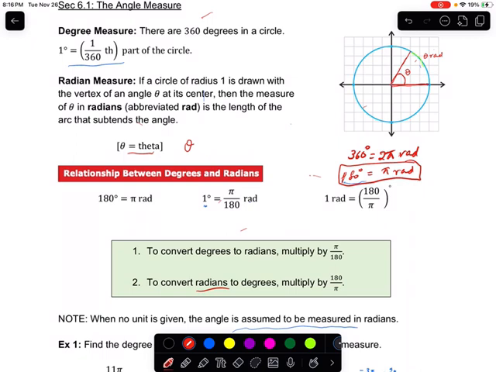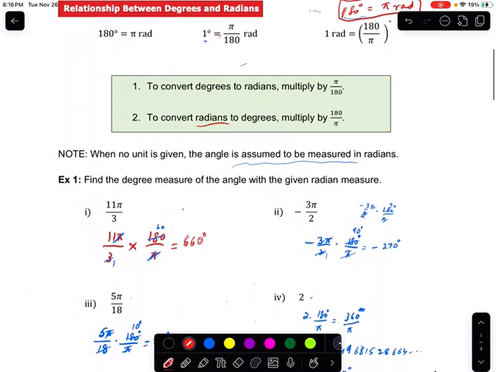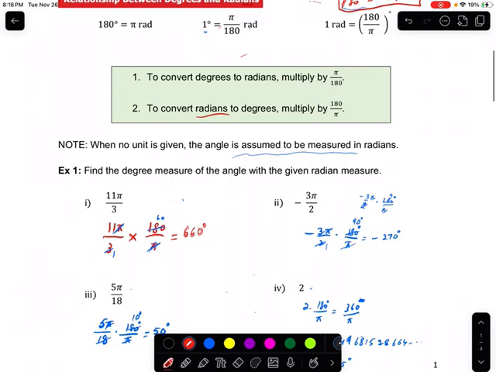To convert degrees to radians, we multiply by pi over 180 and then simplify. And to convert radians to degrees, we multiply by 180 over pi, and of course simplify. Note that when no unit is mentioned, the angle is given in radians. Then it's a radian measure we are talking about.